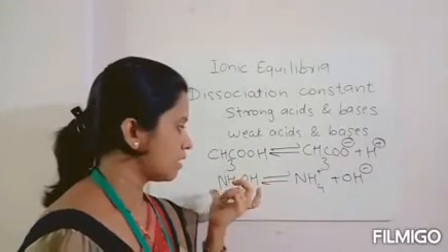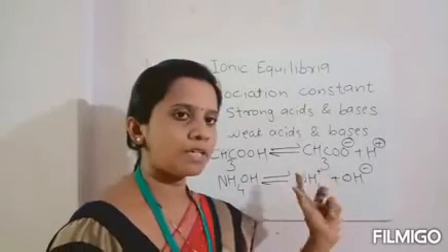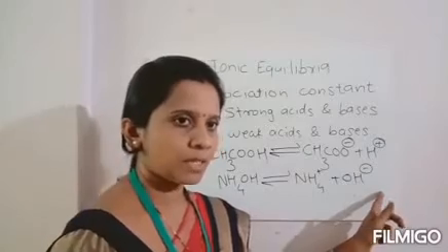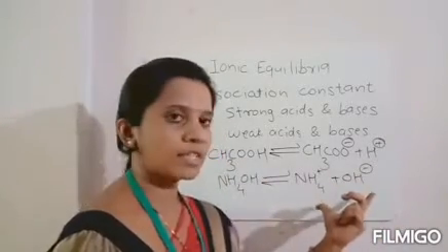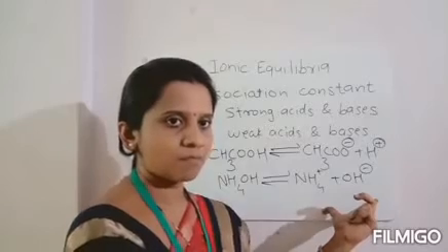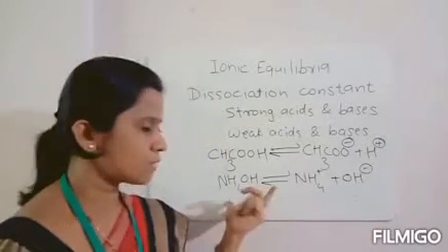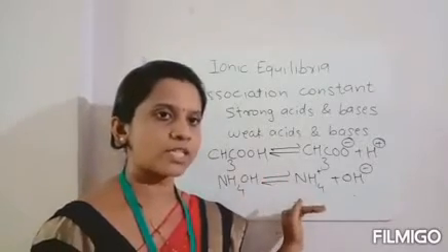That means NH4OH, ammonium hydroxide, is forming NH4 plus and OH minus ions. But all the molecules of NH4OH are not converted into these ions. Some molecules of NH4OH remain undissociated. That means partial dissociation.